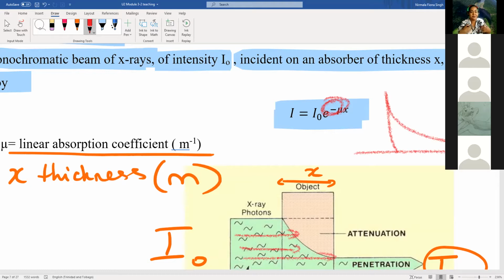So please, my wonderful upper sixes, a negative sign does not mean it's negative alone. A negative sign in exponential equations means you have a decrease curve. You are going to get a decay curve.